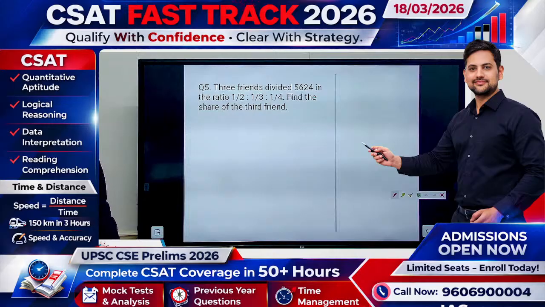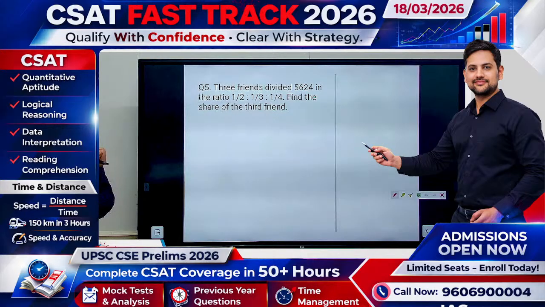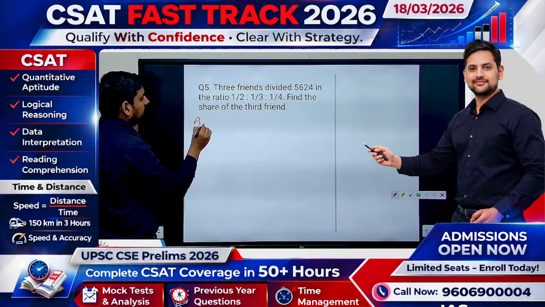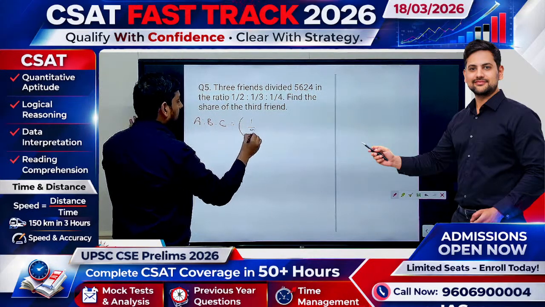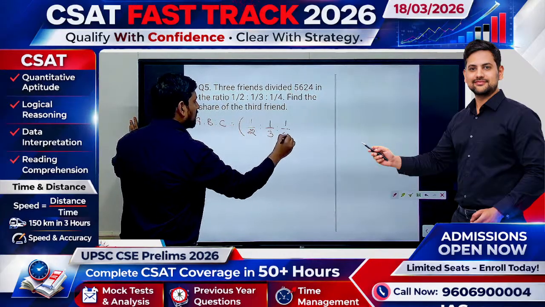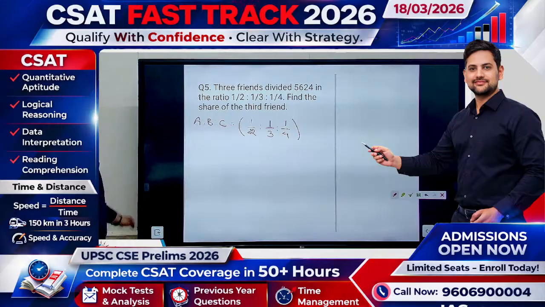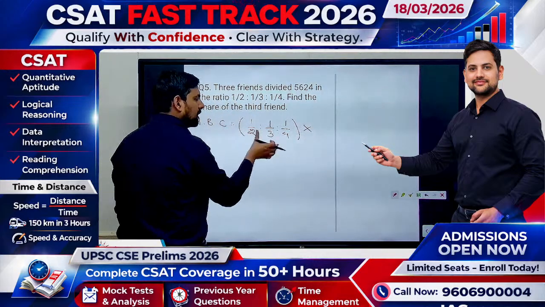What are you getting? First thing that we should do, multiply it with a bigger number that is divisible by all three of them.